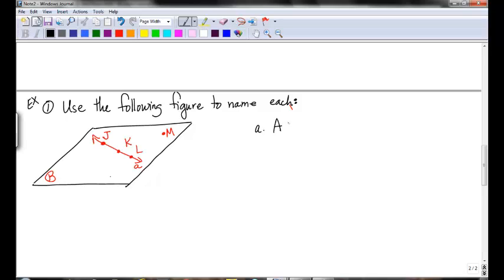Okay, part A. Name a line containing point K.